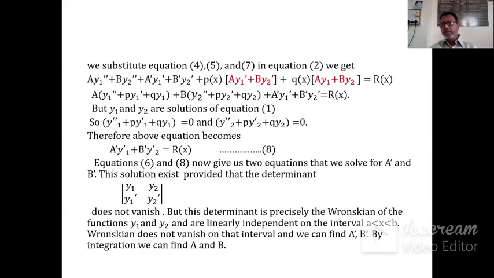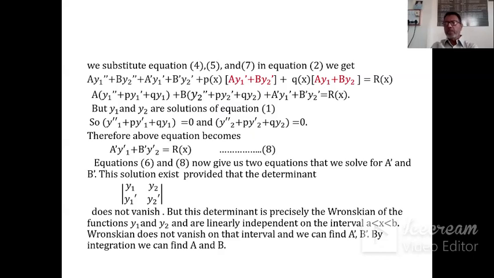Our equation 6 is A dash y1 plus B dash y2 is equal to 0. We solve these two equations for A dash and B dash, and they have a solution if the determinant of y1, y2, y1 dash, y2 dash does not vanish. But we know that y1 and y2 are two linearly independent solutions of the associated homogeneous differential equation.